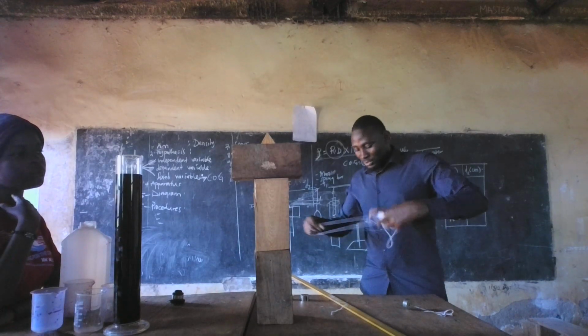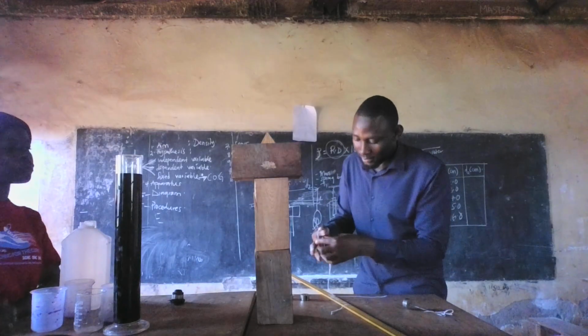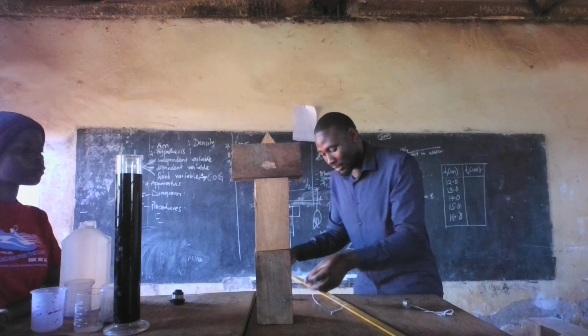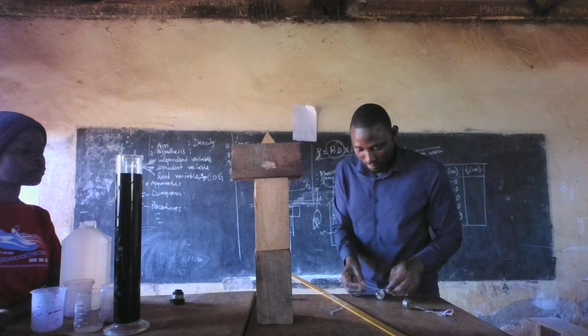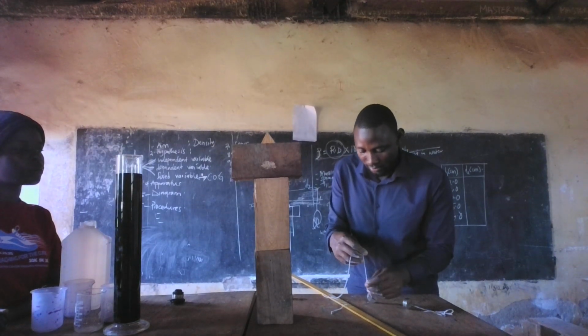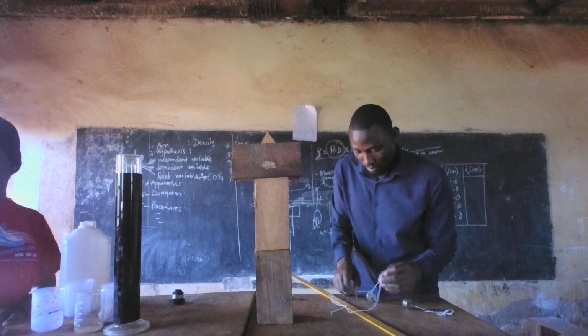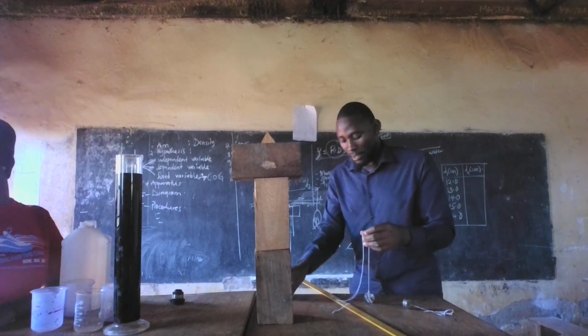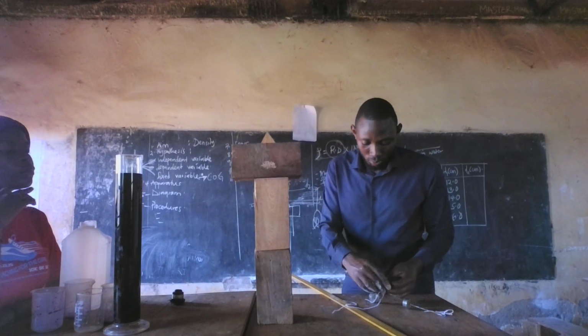Then our masses, which we want to get their relative density, I'm going to tie both of them onto the thread. And then I'll tie this onto the thread. Then I will again tie also this one onto the thread.